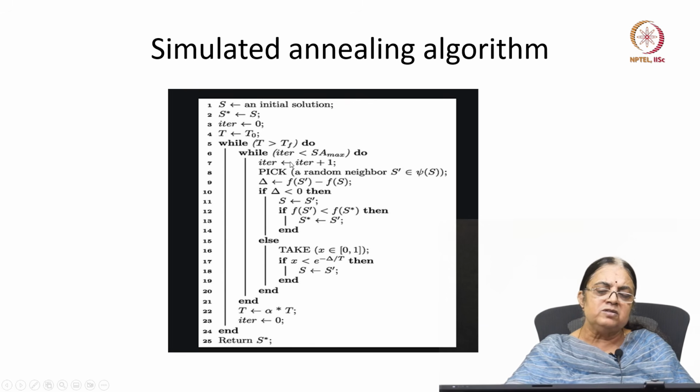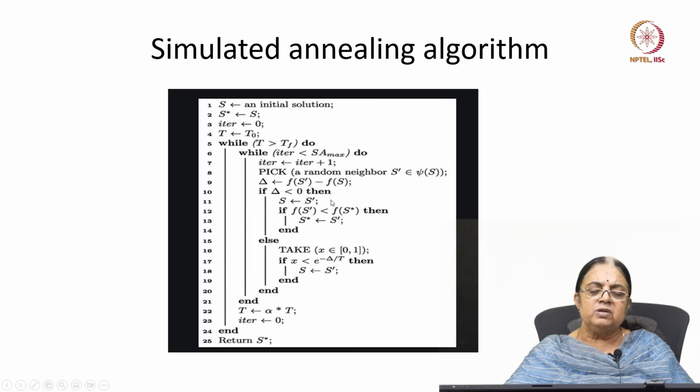Once you have done this iter times, maybe 10 times or whatever number of iterations you have set, you reduce your t and continue the whole thing until t falls below your TF, and then you come out of the algorithm, and the best solution generated so far is the one you return.